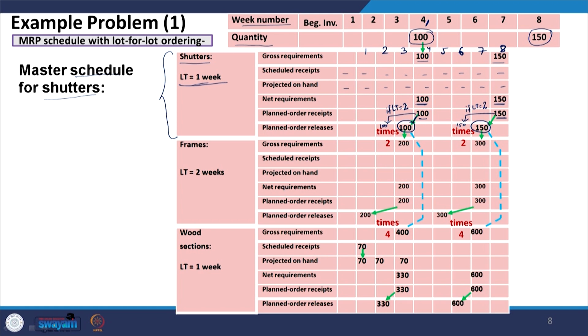Now, for shutters the component which is required is frame, that may be level 1 component. Now, 2 frames are required for one shutter.